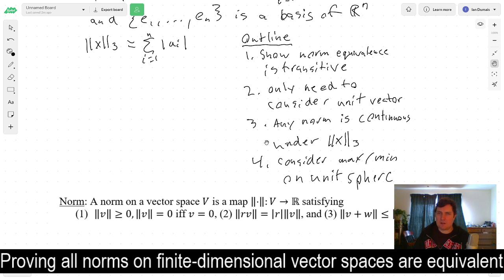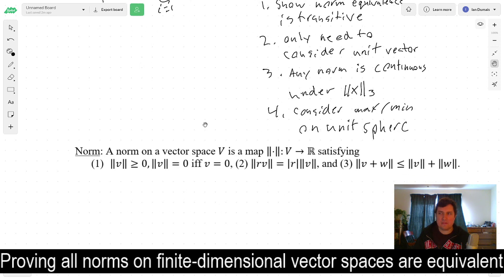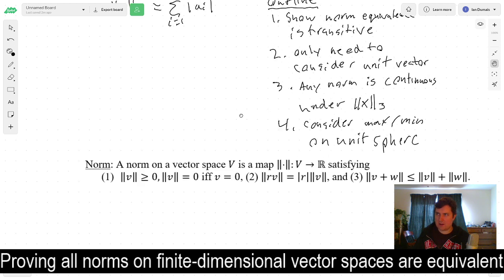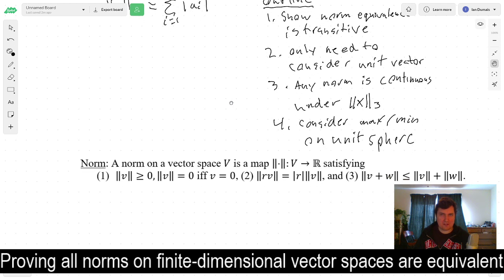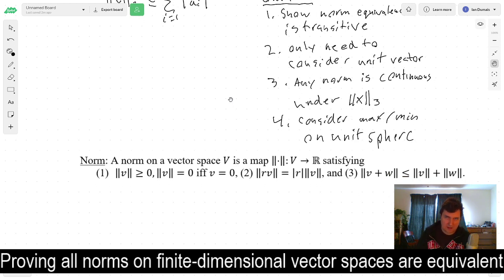Last thing is this inequality here. Make sure that it is visible, not behind my face. It's called the triangle inequality because it acts like a triangle. If this is our vector v, and then I transpose w, if you've done some vector addition, you can look at going tip to tail like this to add vectors.